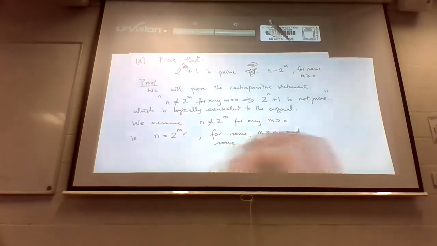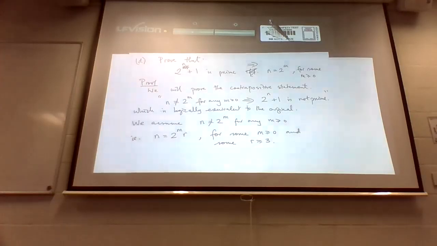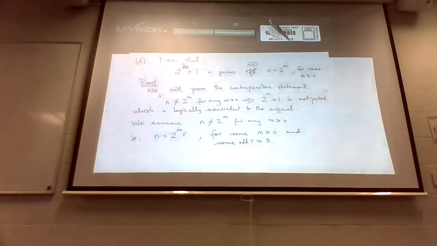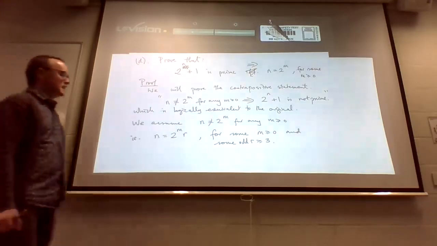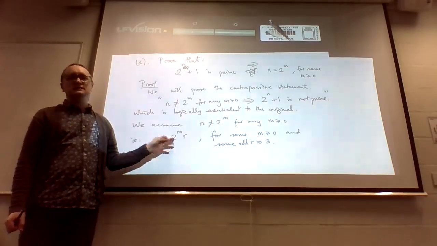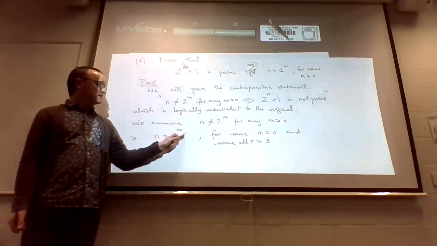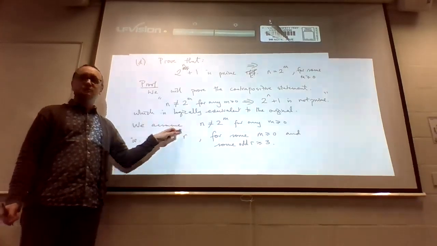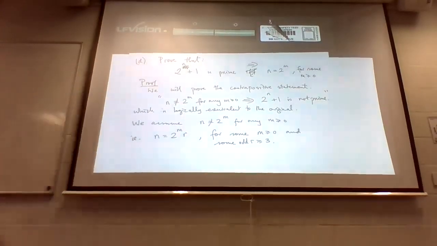Some odd integer r bigger than or equal to 3. If it didn't have an odd factor in it, it would be a power of 2, because it would have no prime factors apart from 2. We're assuming that it's not.